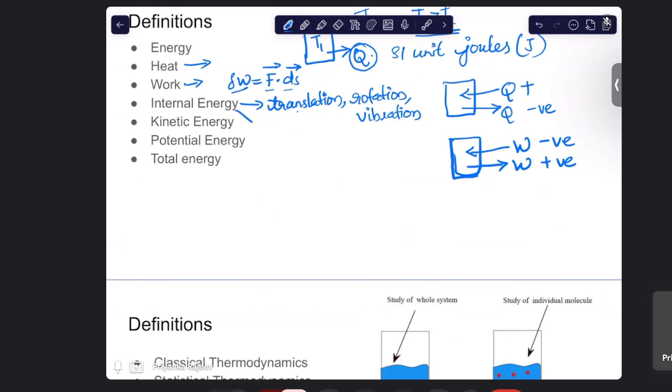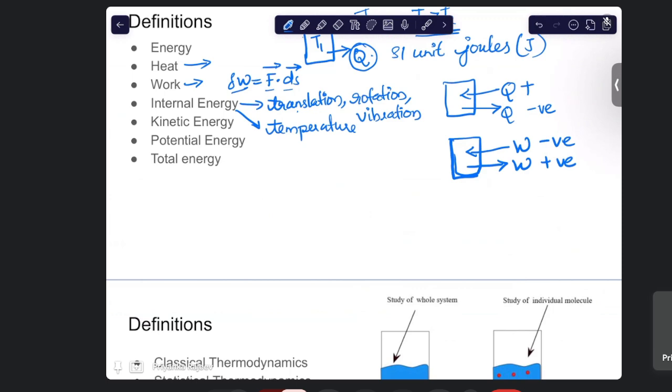This can be measured using the temperature of the system. We get an idea about the internal energy possessed by a system using the measurement of temperature. And we take a convention that at absolute temperature, or 0 Kelvin, there is no atomic vibration or translation motion happening in matter kept at 0 Kelvin.